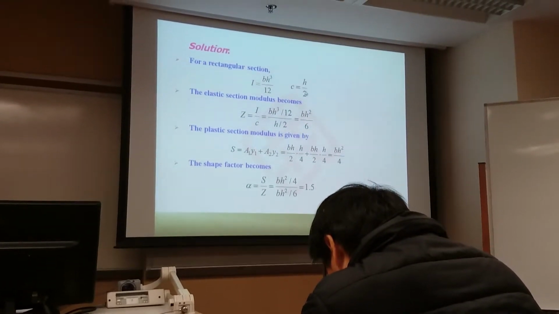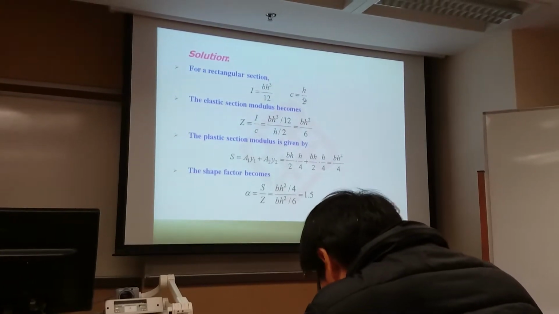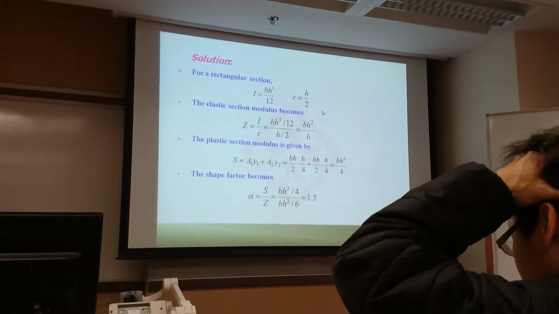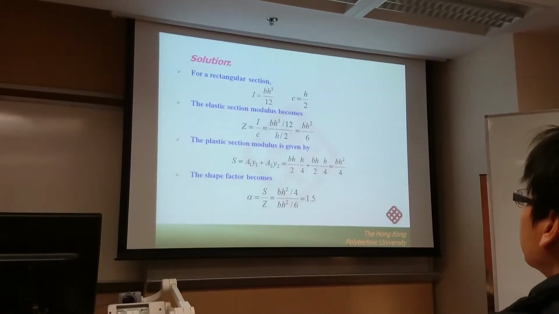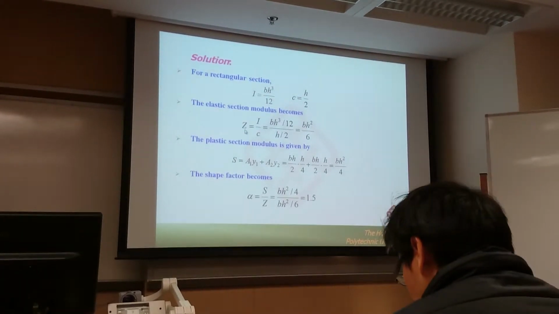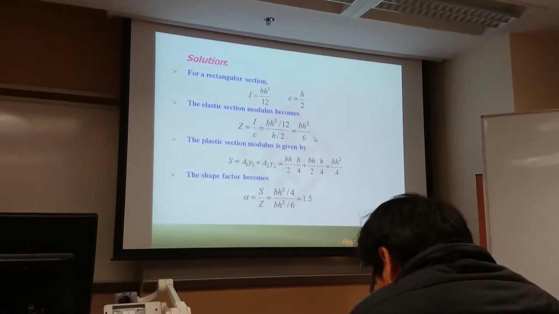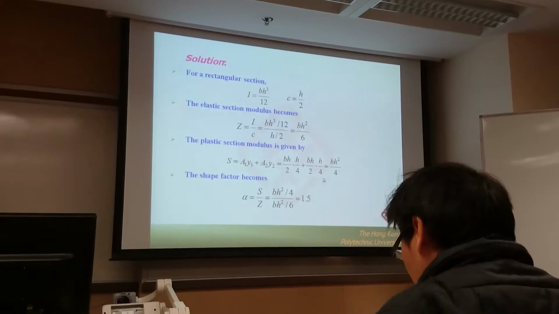And the distance between the neutral axis to the outmost edge is equal to h/2, so we can obtain the elastic section modulus. And how about the plastic section modulus?